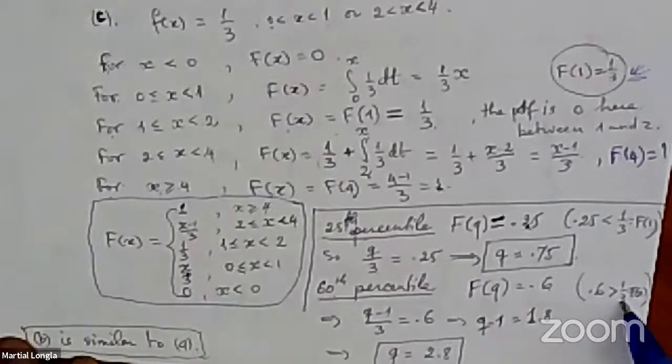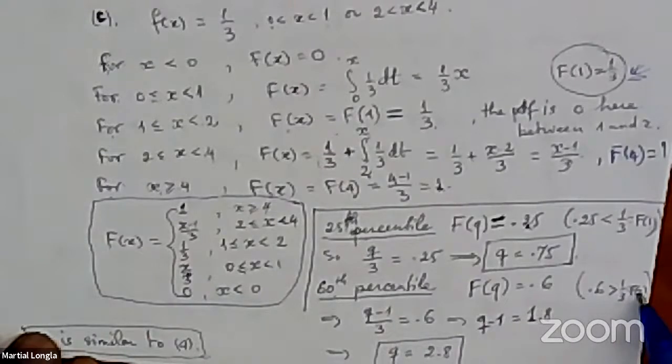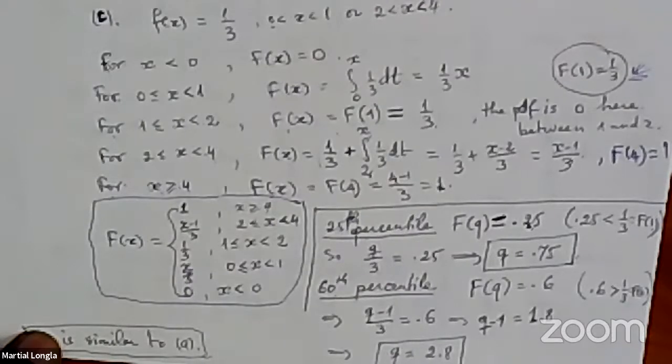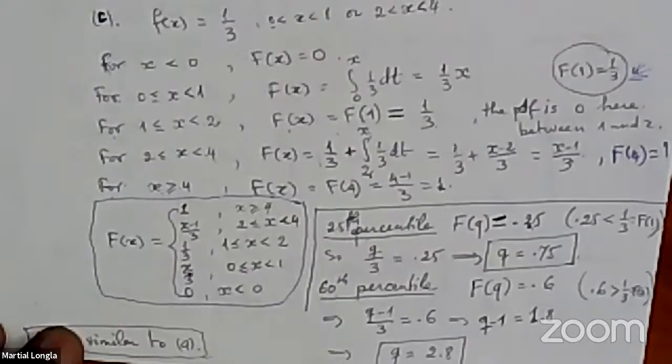And f of 2 is 1/3 also, and 1/3 is 0.33, which is less than 0.6, right? So that means the point you're looking for is larger than 2.